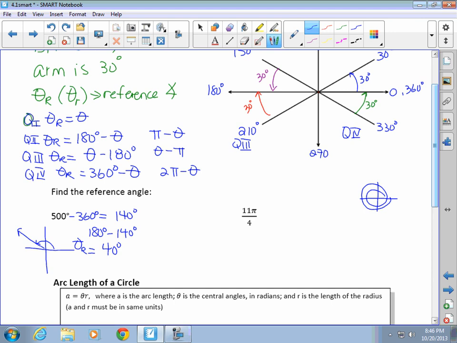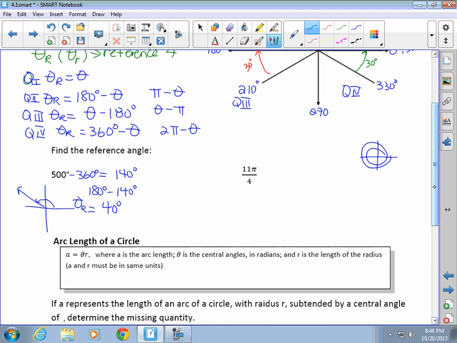So 11 pi over 4, if I want to draw this, two full pi is going to give me 8 pi over 4, or 2 pi is the same as 8 pi over 4, so that would put me to there, but now I need another 3 pi over 4.